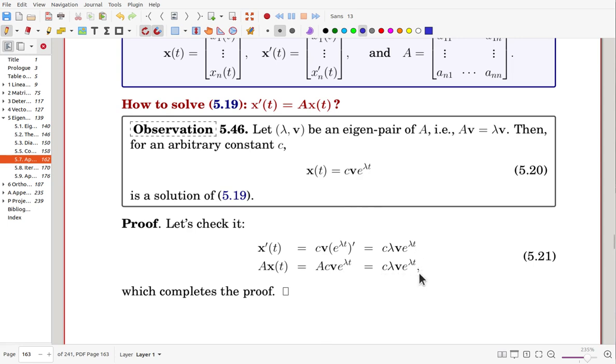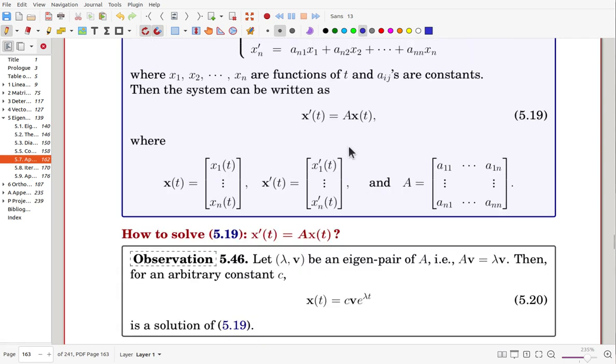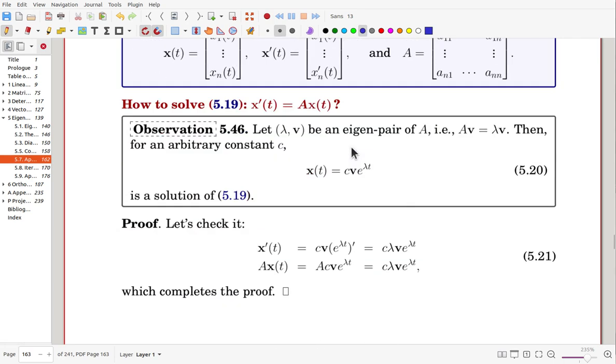They are the same, which means that with an arbitrary choice of C, this term is a solution of the dynamical system. So to find the solution of a dynamical system, we may start with finding eigenvalues and eigenvectors.